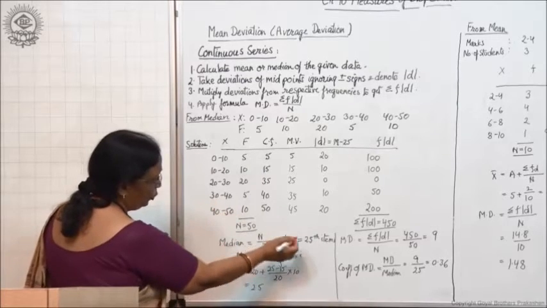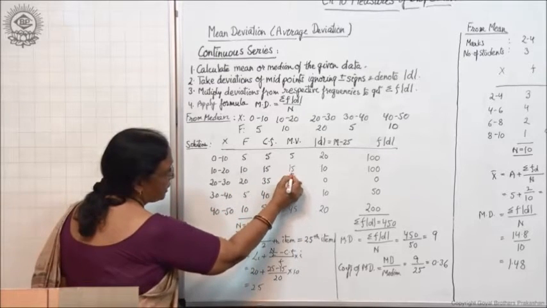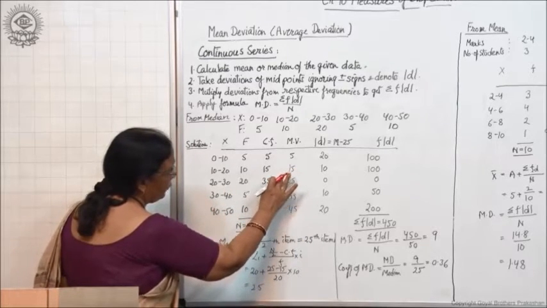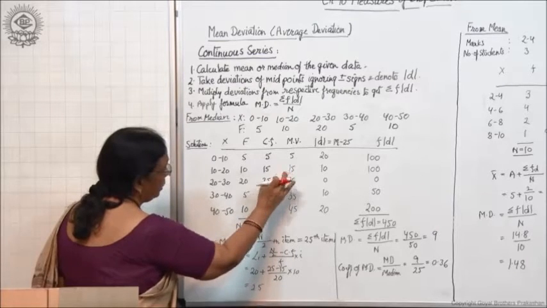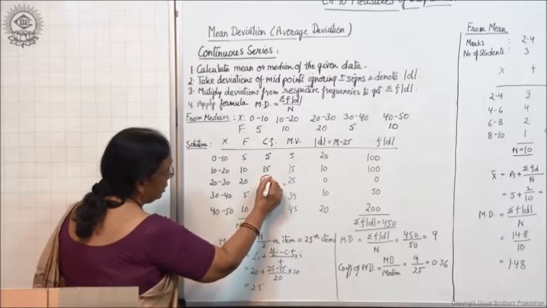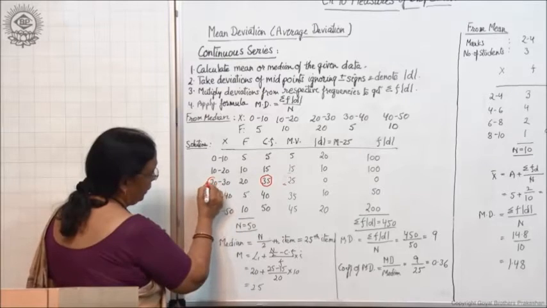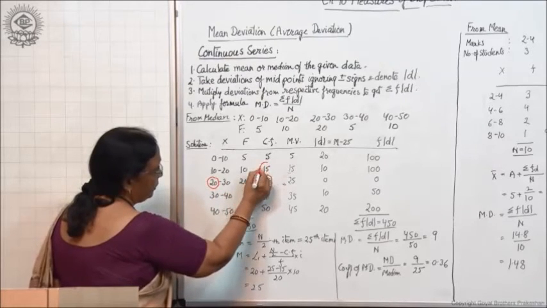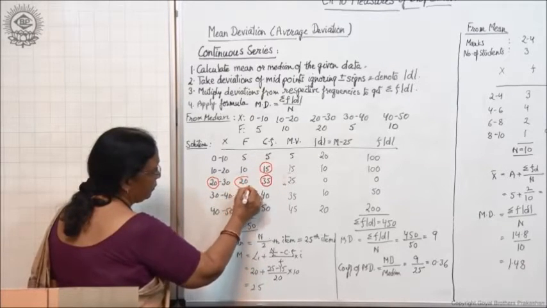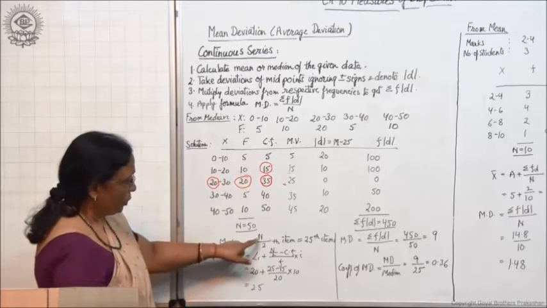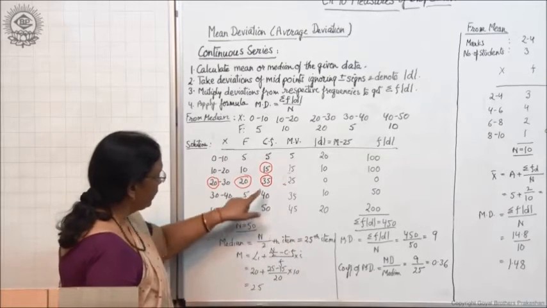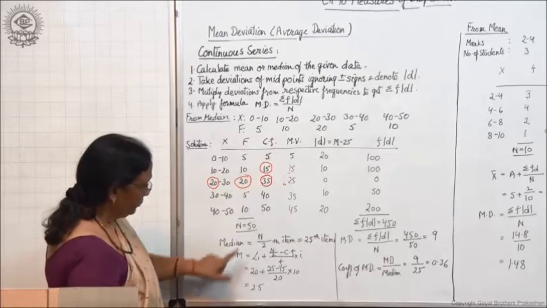Now 25th is here in the CF column, and this will be L1, this will be the preceding cumulative frequency and this will be the frequency. So n upon 2th item is the 25th item which is lying here.